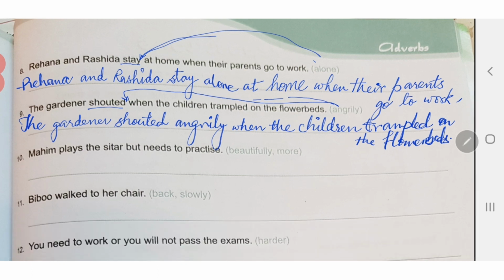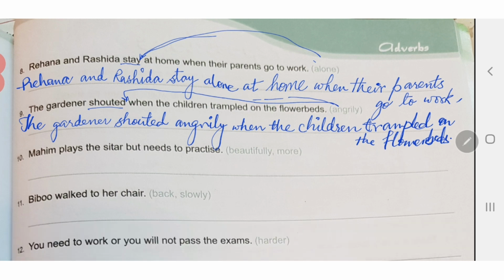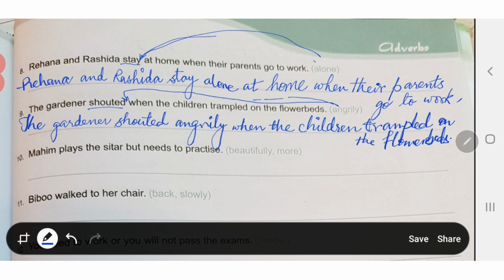Mahim plays the sitar but needs to practice. Bracket says beautifully, more. So this person Mahim plays the sitar. Sitar is basically a musical instrument similar to guitars, okay, cello or guitars, something in between. In some of the sentences, like I mentioned, the objects are given. In these cases, we always place these kinds of adverbs after the object.